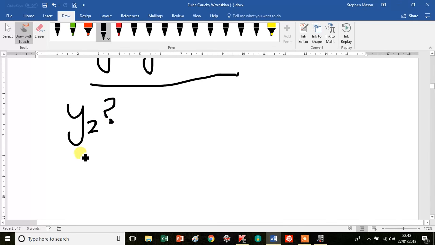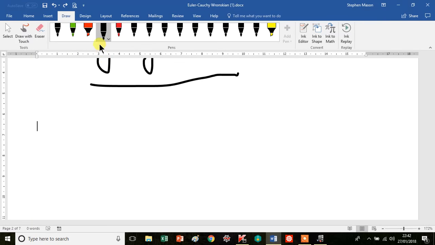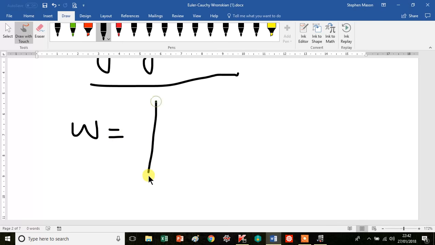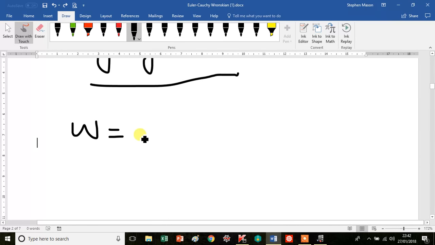So what we do is we use the determinant form of the Wronskian. So if we use w equals the determinant of, let me get that straighter. So let me see, there we are.